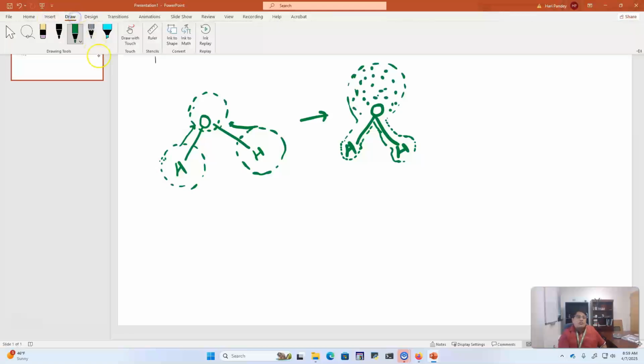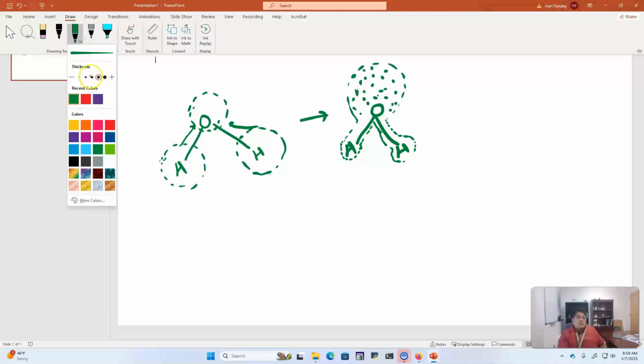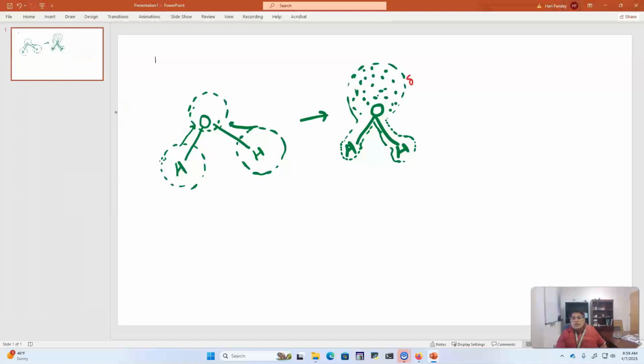So this eventually becomes partially negative, and the hydrogen is losing electron density, because it is pulled more by the other atom. Only that much is left behind. That's why it becomes positively charged, delta positive.